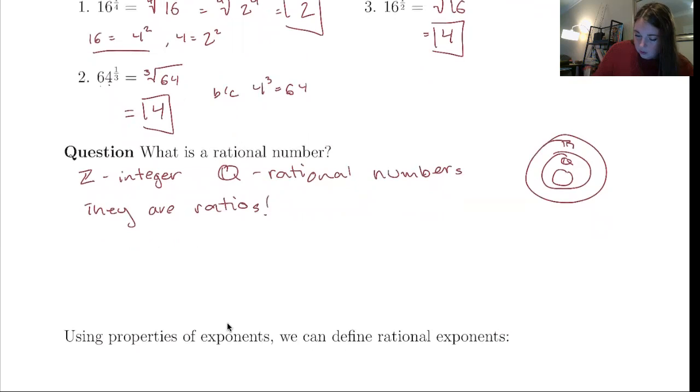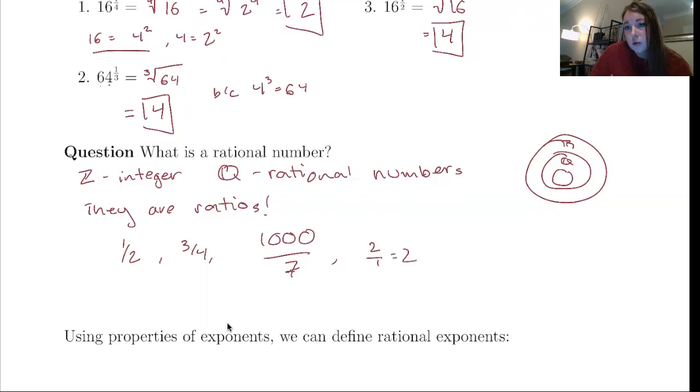So the ratios. So 1/2, 3/4, 100 over 7, or 1,000 over 7, but also 2 over 1, which is just 2. So integers, or whole numbers, are also rational numbers because everything is technically over 1.